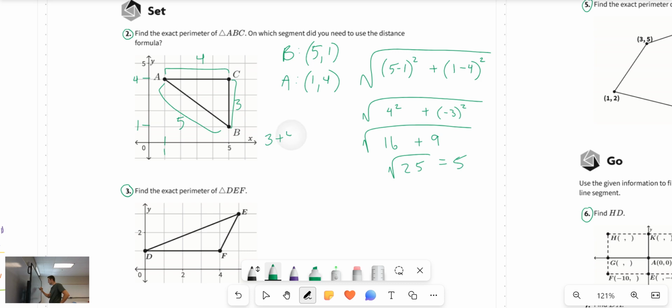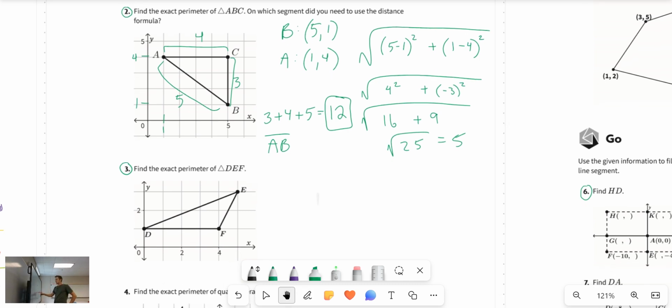So then we have 3 plus 4 plus 5 as our sides, and that's 7 plus another 5 is 12. So total perimeter is 12, right? And we needed AB for the distance formula.